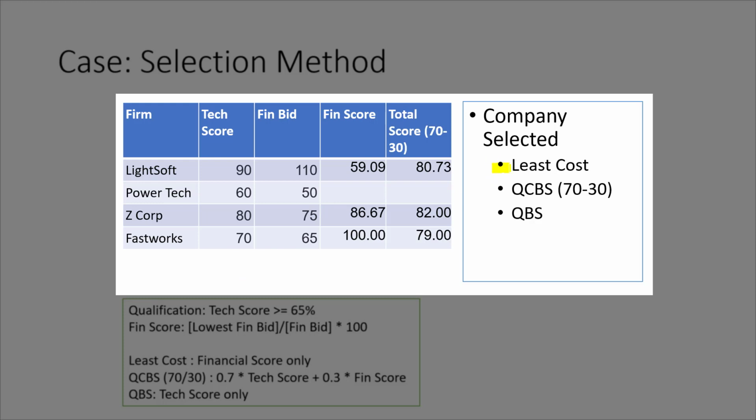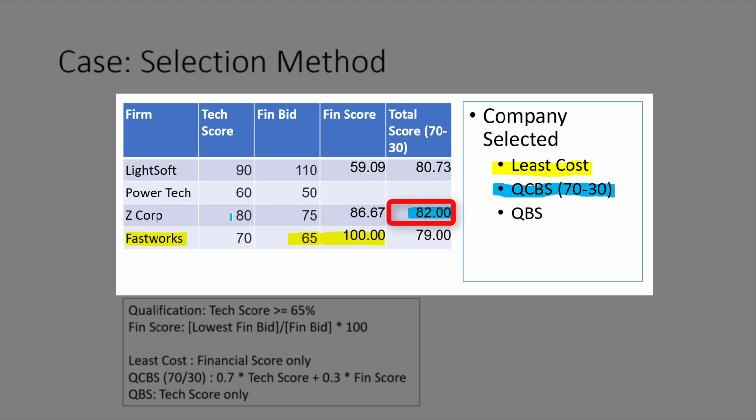Now if you want to make a least cost selection, you look at the highest financial score or the lowest bid, which is 65, and that gives us Fastworks as our selected bidder. Next, we will look at the QCBS selection with 70-30, and if you look at the column with the total score, you can see that the highest score is 82.